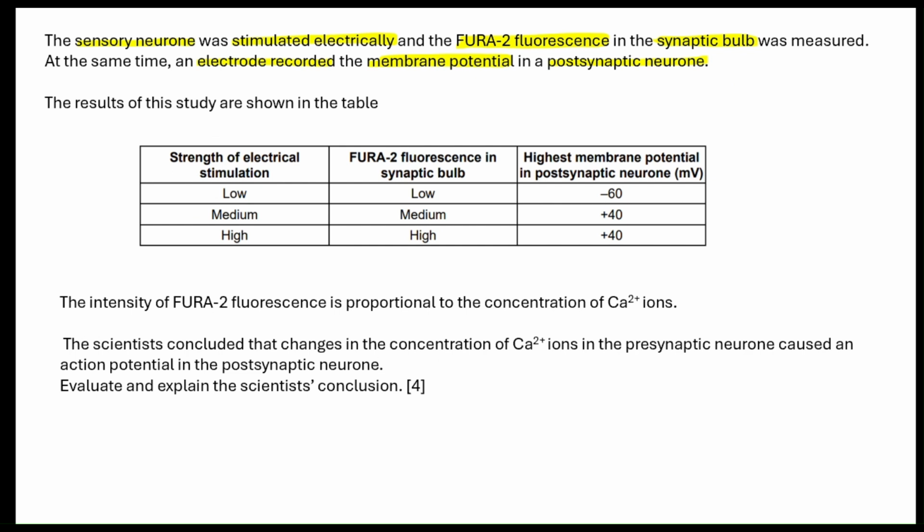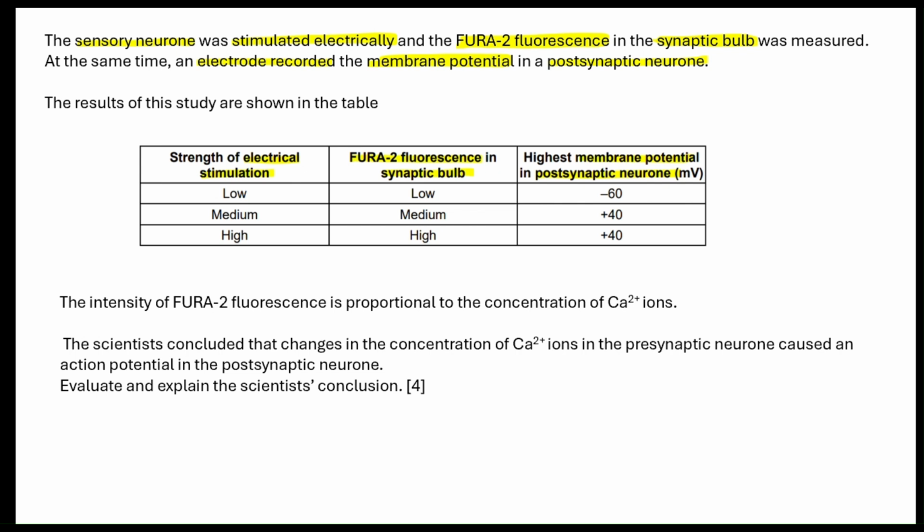So they told us some information in the question, and what they also did is they gave us a set of results. So here we can see our strength of our electrical stimulus. We've got our FURA fluorescence in the synaptic bulb, and we've got our postsynaptic membrane potential. So these are really important parts that they've given us in a table of results. We can see there's low, low, minus 60, medium, medium, plus 40, high, high, plus 40.